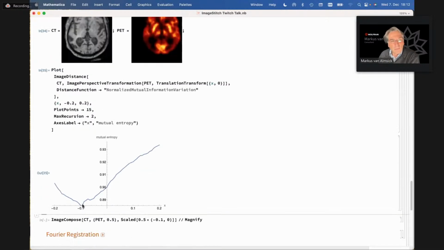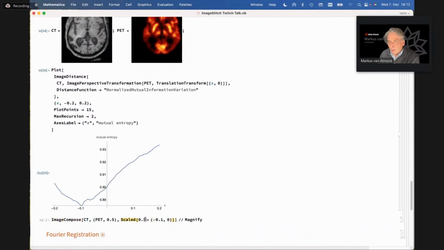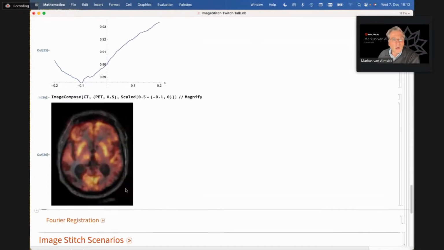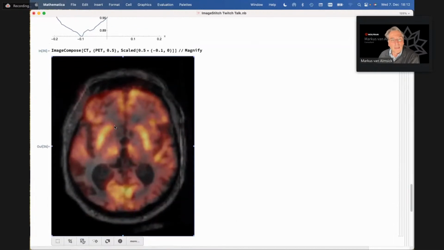So here, essentially, you would assume to have the best registration, and I can mimic that by basically superimposing the PET scan with a certain translucence onto the CT scan, positioned at the position minus 0.1, and of course you have to start from the center. And then you have an overlay here, and you basically can utilize the information of both scans, the CT scan and the PET scan at the same time, to see where the tissues are that have accumulated the substance.